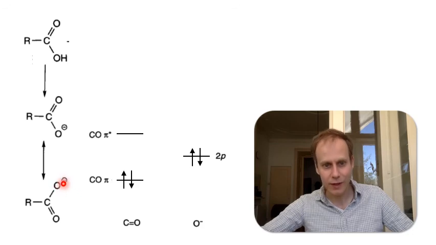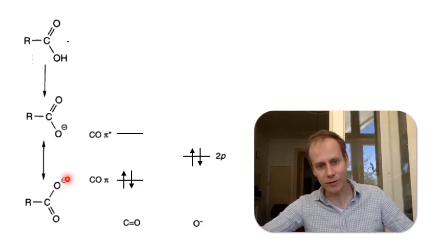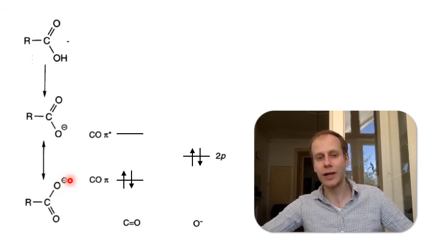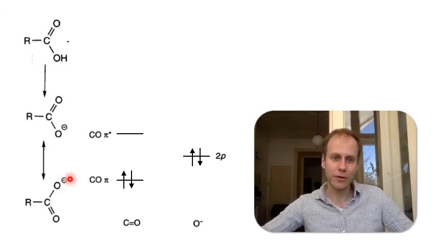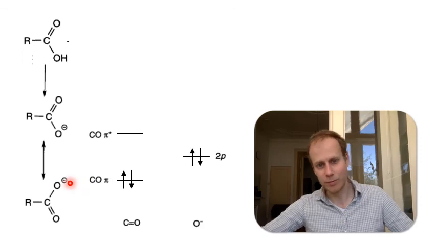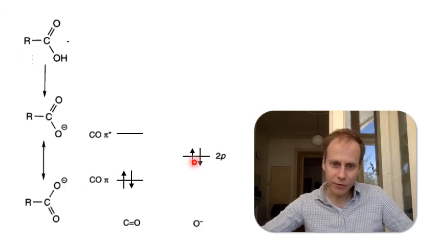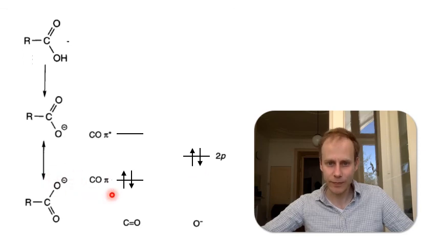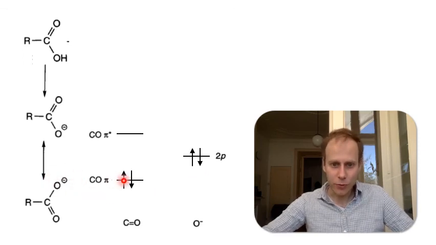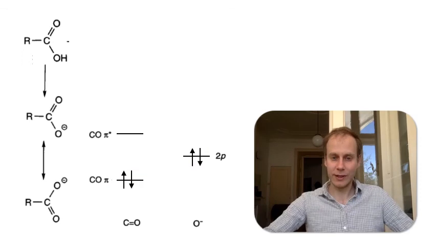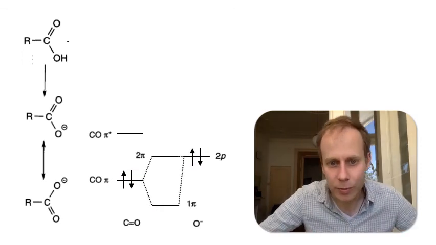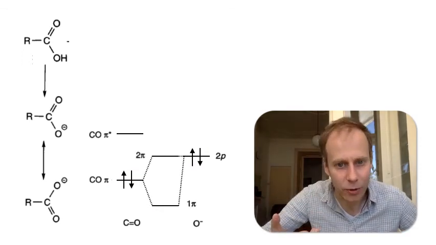That involves a p orbital that is filled with an electron originally from the oxygen and an additional electron from the hydrogen that has jumped off. So these two electrons are now in this 2p orbital of the oxygen, and these two orbitals here can now combine to form, again, molecular orbitals.